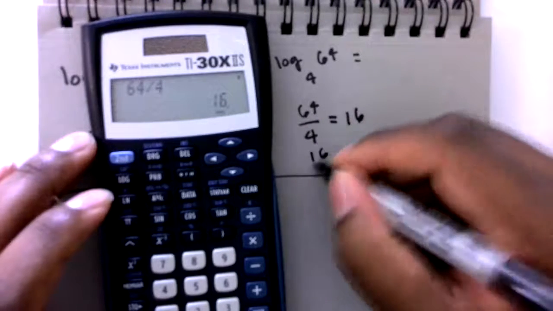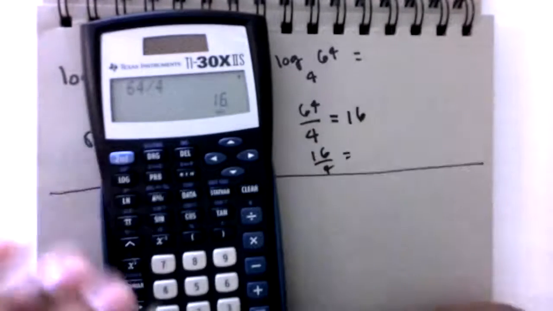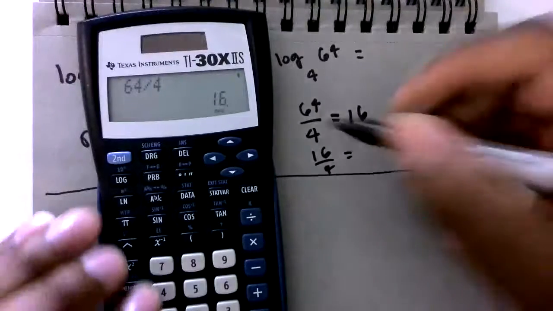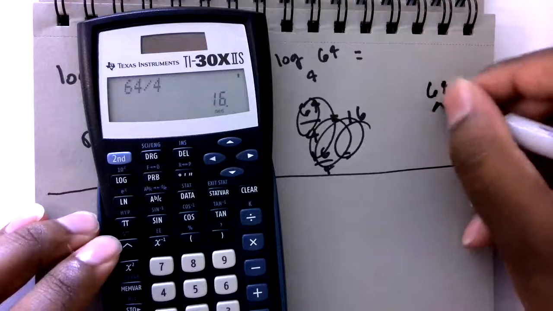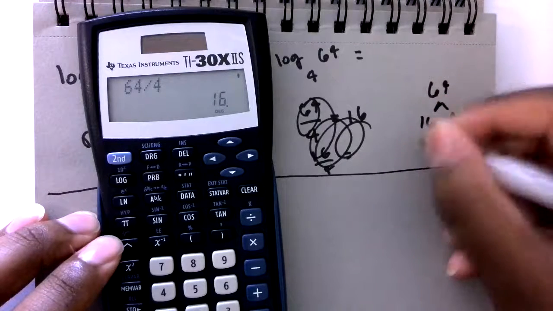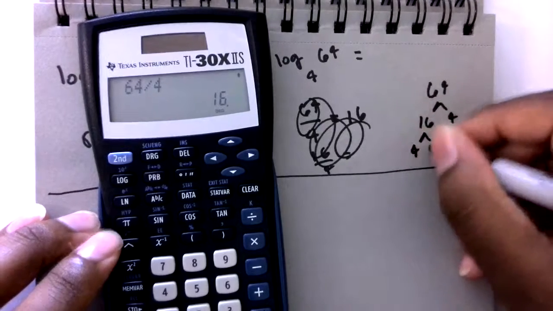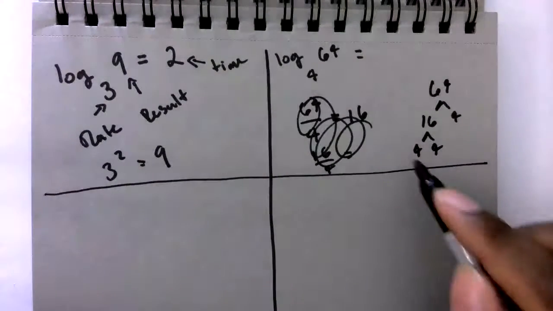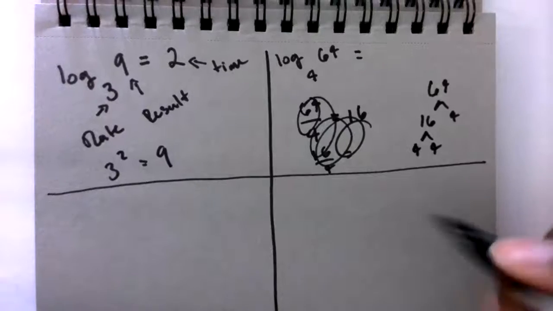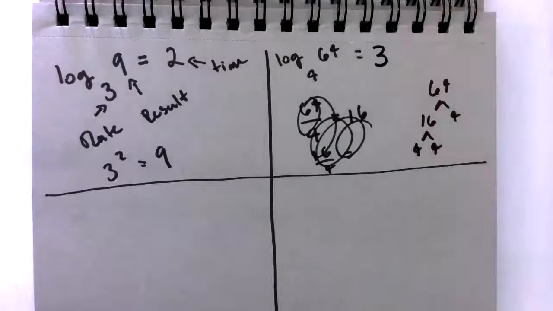Or rather, you can think about it like this: 64 breaks down into 16 and 4, which breaks down to 4 and 4. So how many 4s do I have? 3.